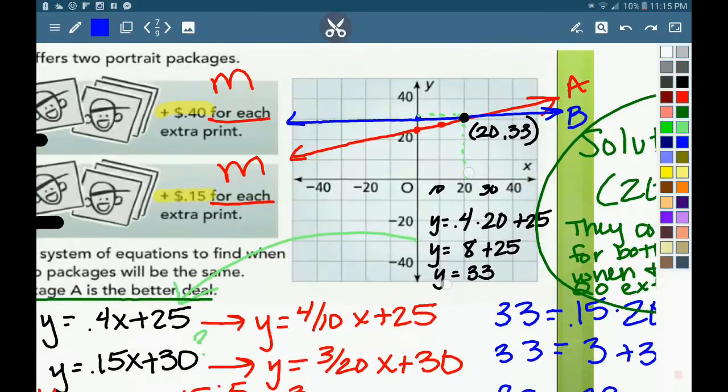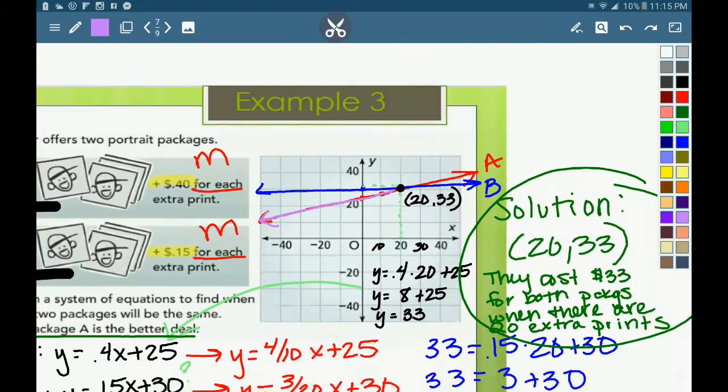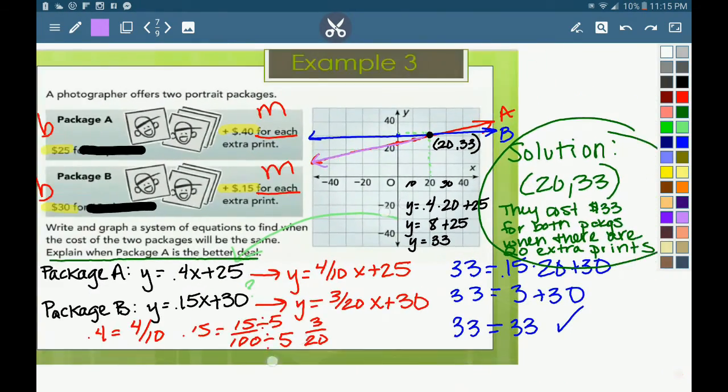So wherever A is below B, so the up and down value, wherever A is below B, that's when it's the better deal. So I can circle this, or I'll highlight it in a different color here. I'll highlight it in purple. So from here back, that's when A is less cost than B. So we would say for anything less than 20 prints.